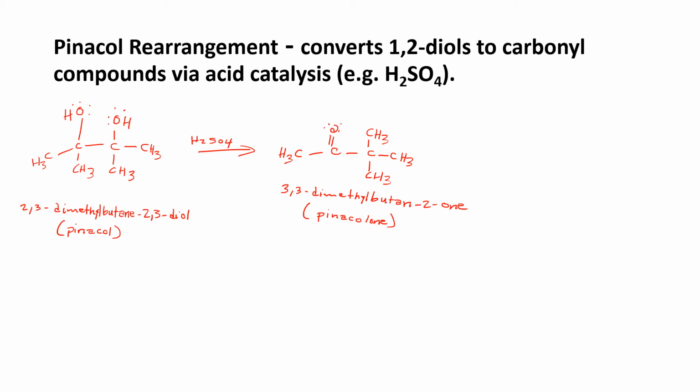I'm going to draw this a little differently. I'm not even going to draw CH3s. You know how we represent CH3s in the line angle drawing, so I'll just draw a line for the CH3s.